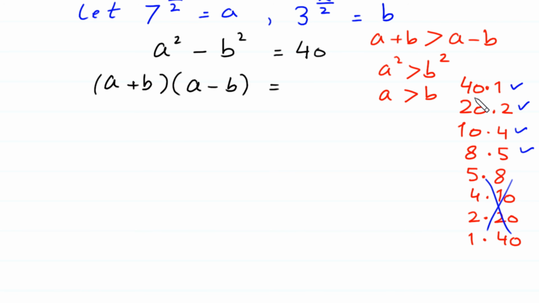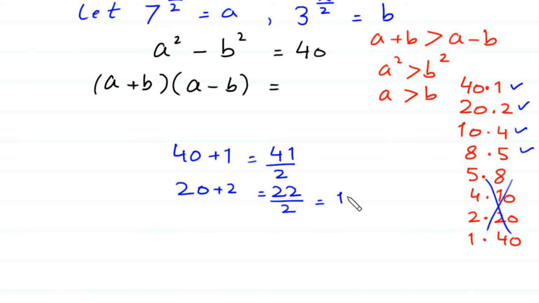Now in the first case, 40 times 1, if we add 40 plus 1 is equal to 41, and 41 divided by 2 cannot be written as a power of 7 or as a power of 3. If we add these two factors, 20 plus 2 is equal to 22 and 22 divided by 2 is equal to 11.